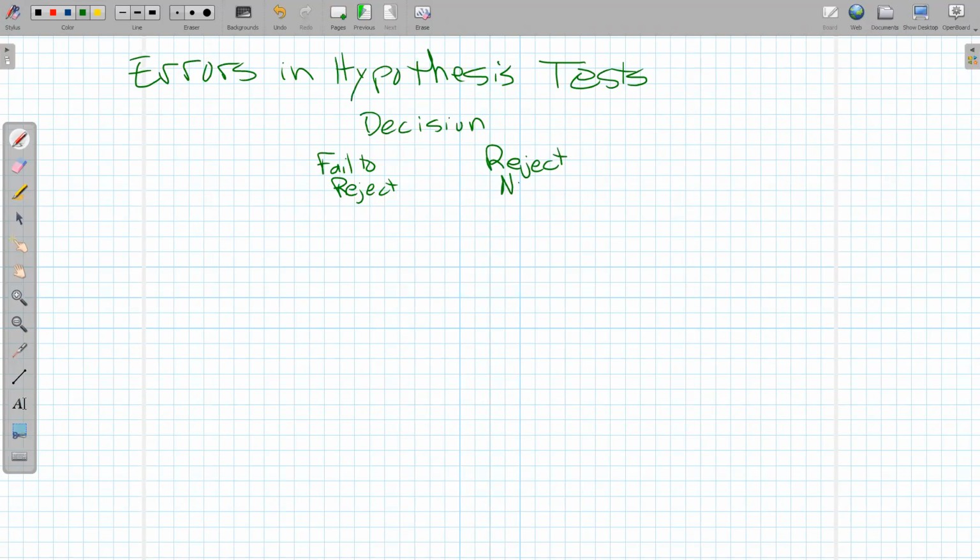So one of two things happens when we run our hypothesis test. Now, there's also reality outside the hypothesis test, which we really don't know what reality is. We're trying to figure that out. So, reality.